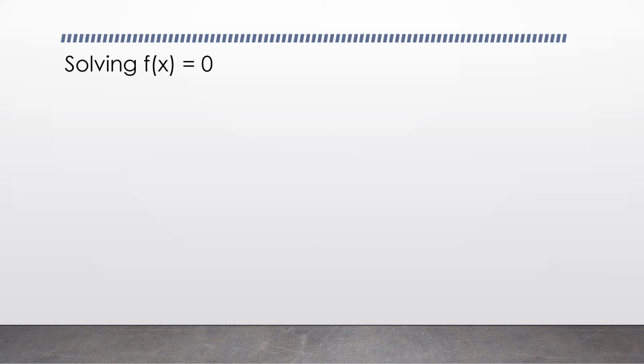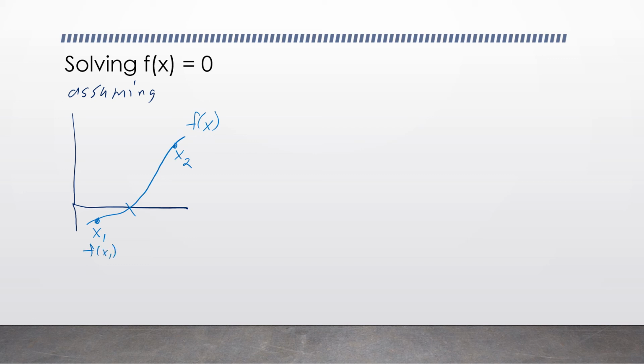Okay, we can assume that the function f of x crosses the y-axis at exactly one point between points x1 and x2, and that f of x1 is less than 0 and f of x2 is greater than 0.